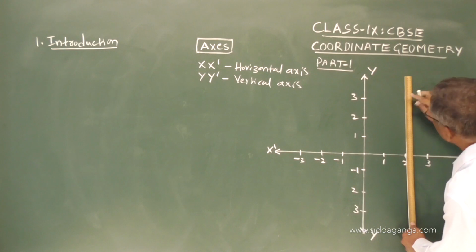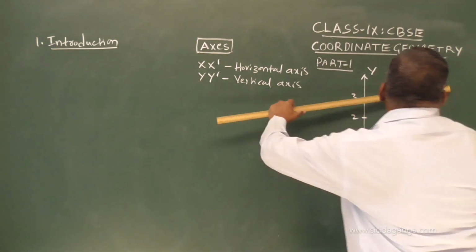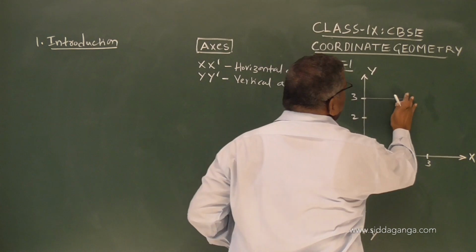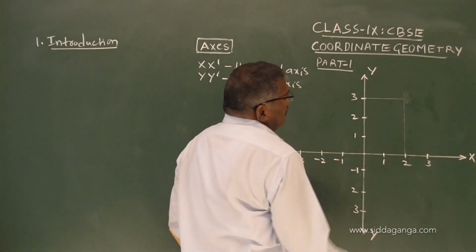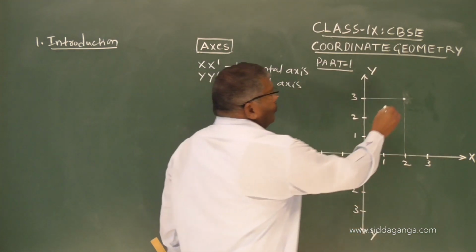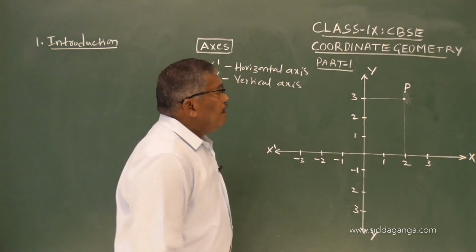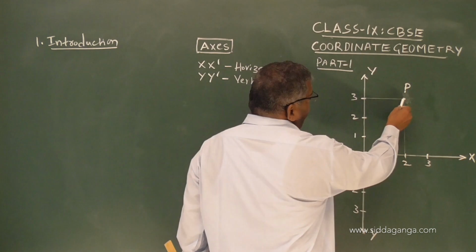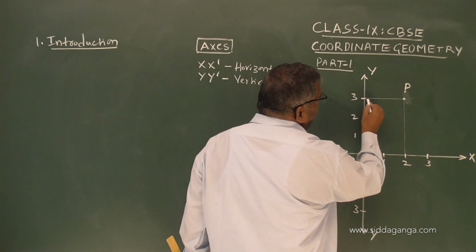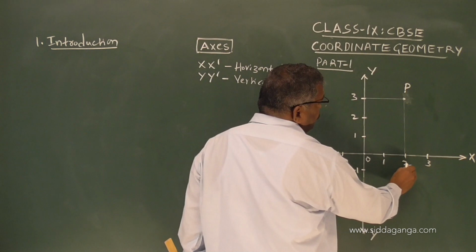Two distances. Suppose I draw a vertical line and a horizontal line. You observe this point. If I call this point P, this is 0. It is 2 units from here to here, 1 unit, from here to here, 2 units.